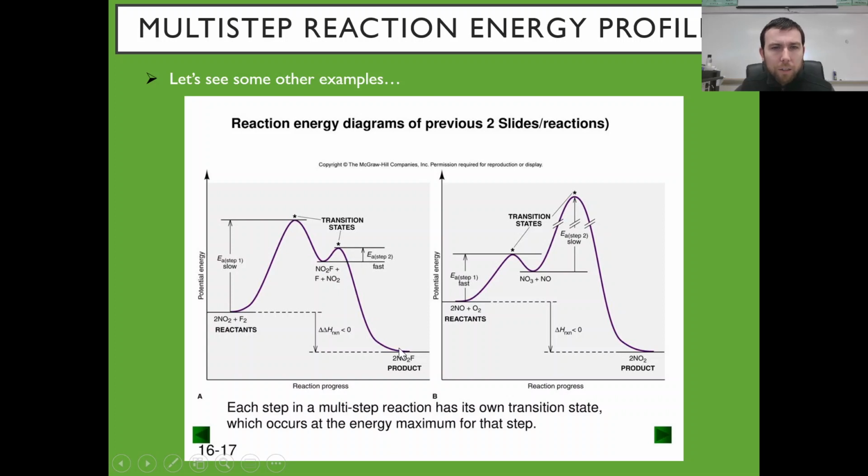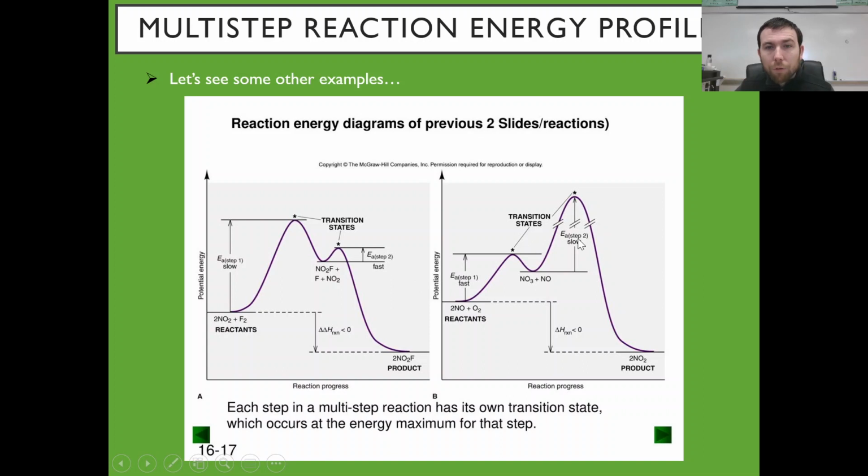Then we go to our products. Step 2 is exothermic because the products are lower in energy than here. Overall, the product energy is lower than the reactants, so this first one would be exothermic. It's a two-step process with a slow first step and a fast second step.